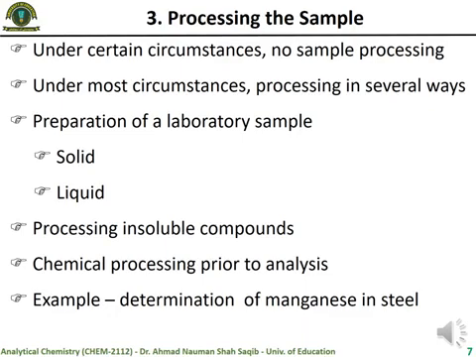By oxidation of manganese to MnO4 negative, now we can determine it by using the spectroscopic method, because MnO4 negative has a colored solution, so we can measure its absorbance. But without oxidizing manganese into permanganate, we cannot measure it. So depending on what compound we are dealing with, sometimes we only have to dissolve the solid and directly analyze. In some cases we have to do some further chemical processes, and then we can analyze the analyte of interest.